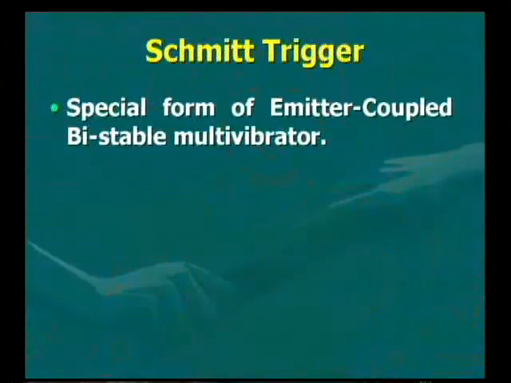And we can go for the last circuit, which is Schmitt trigger. Schmitt trigger is nothing but a special form of bistable multivibrator, which is an emitter coupled bistable multivibrator.